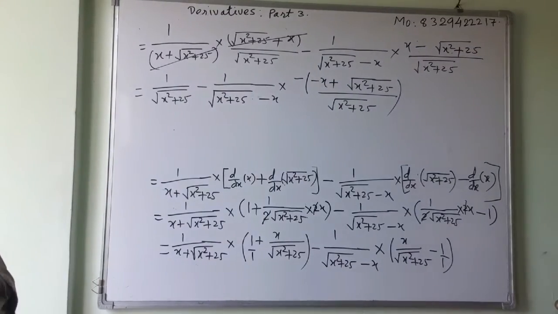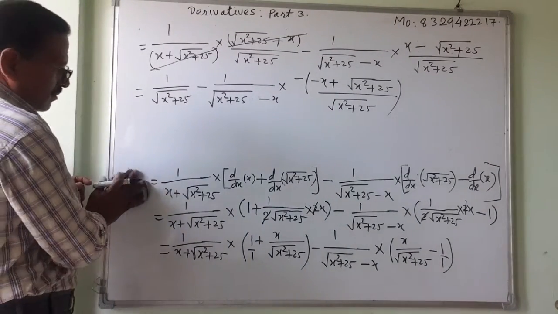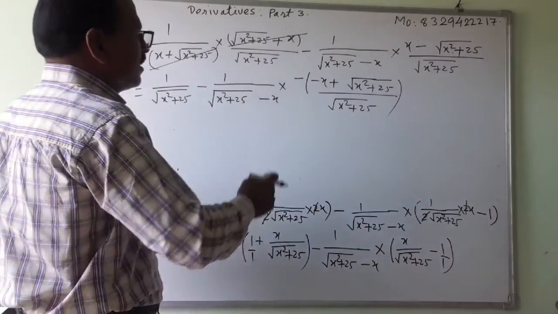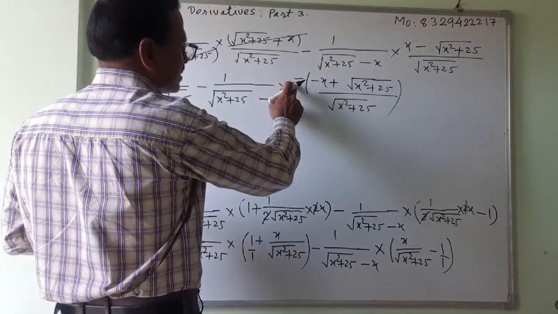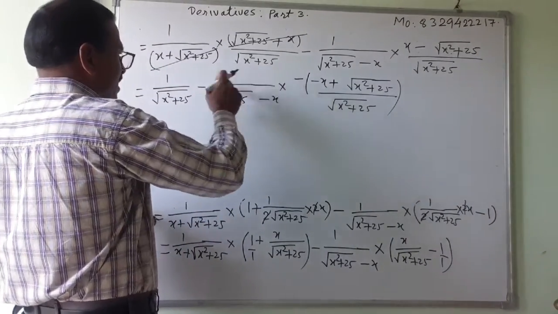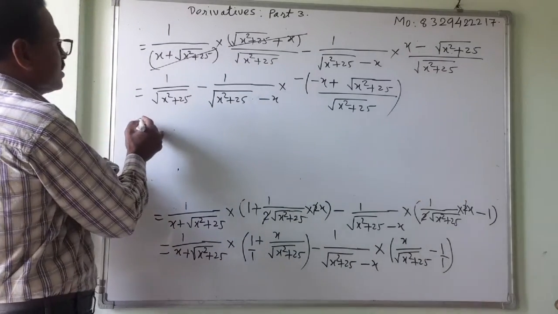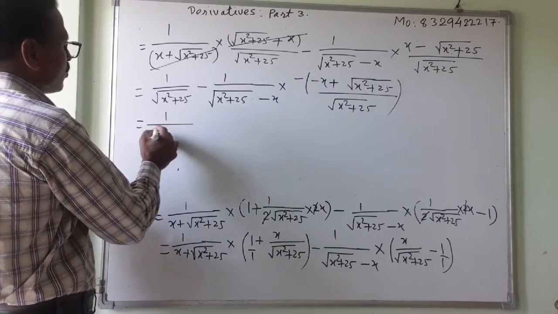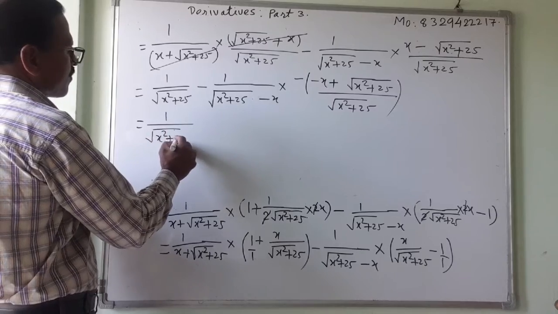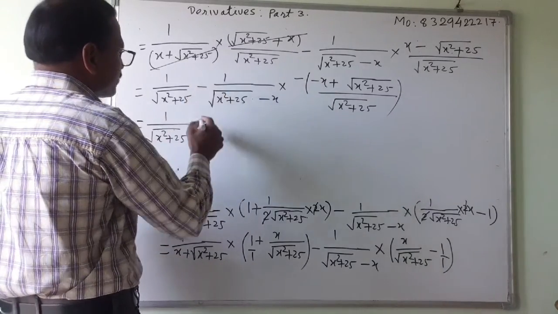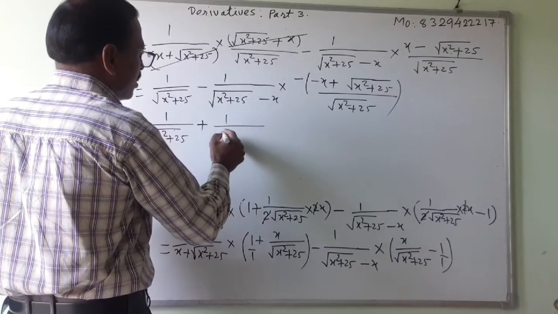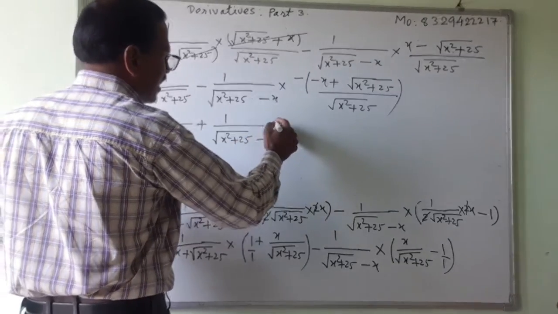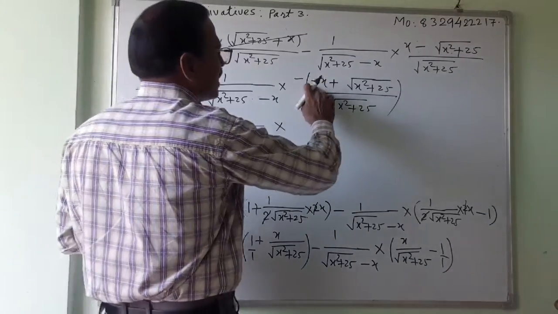See it. Now here this is minus and this is minus. This minus into this minus will become plus. So this is equal to 1 upon under root x square plus 25 plus 1 upon under root of x square plus 25 minus x, and this I will write as x afterwards.